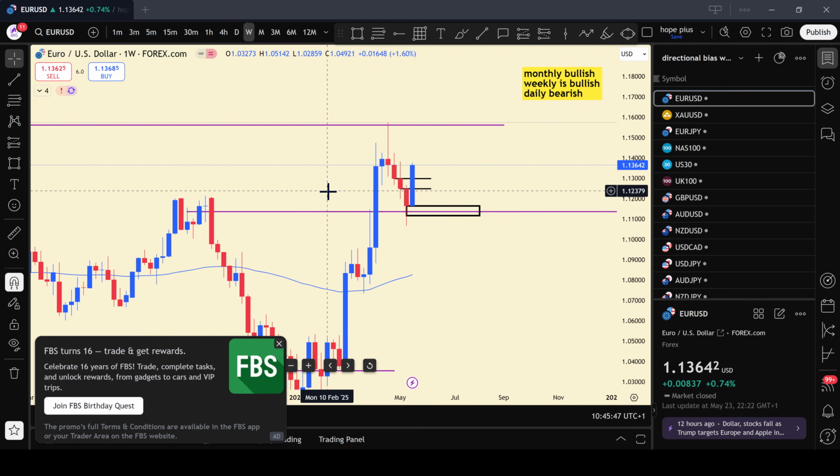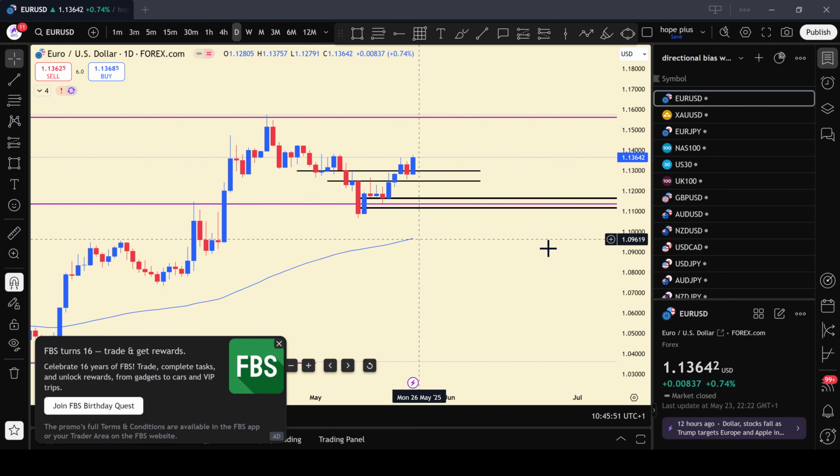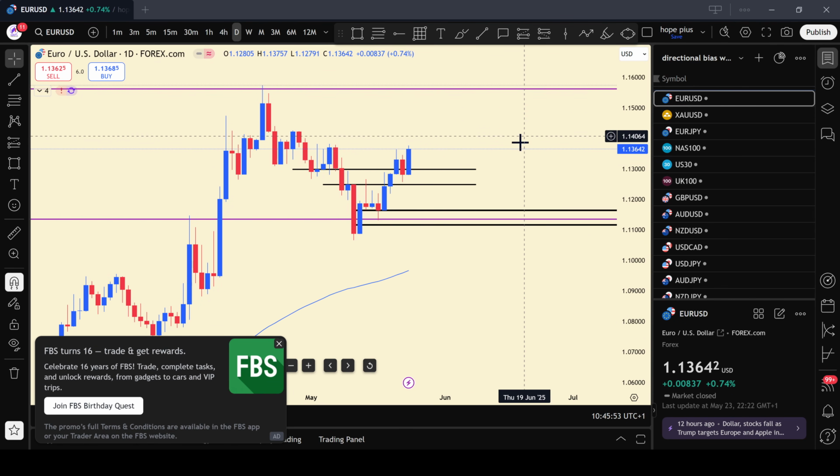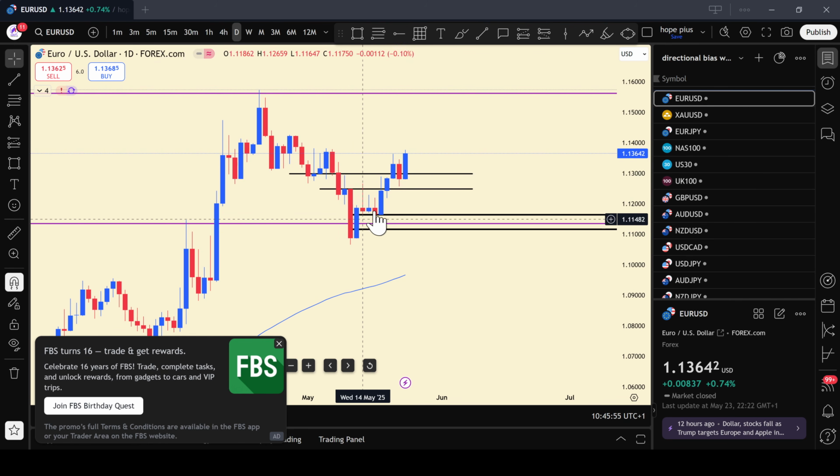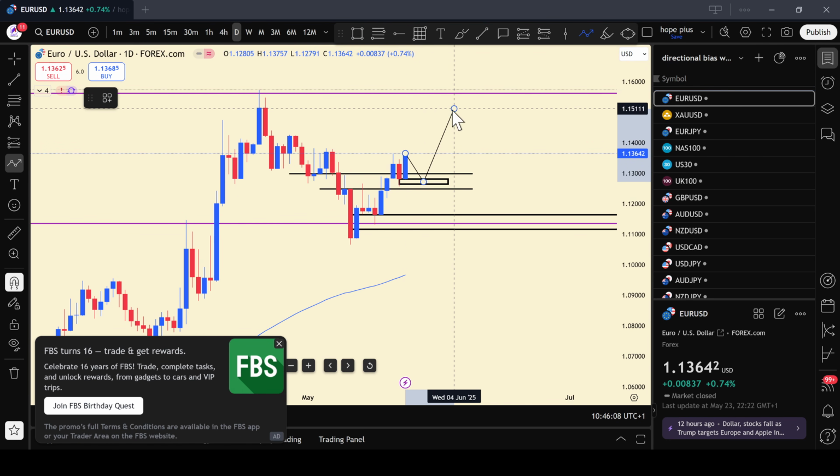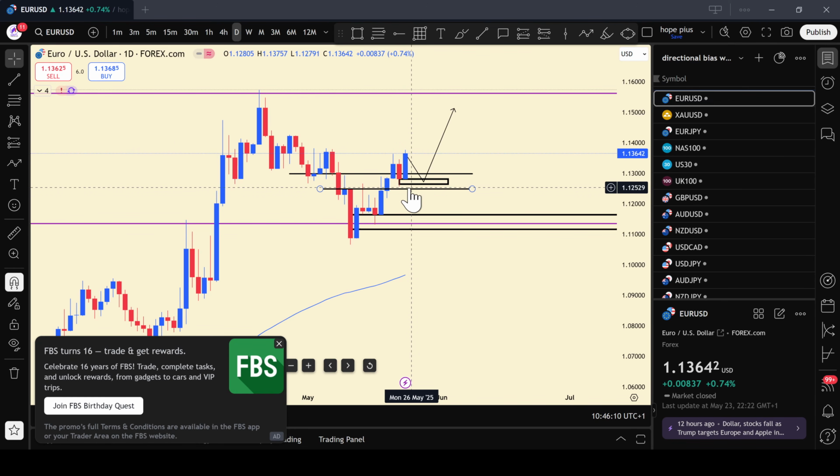So on the daily now, we're also bullish. My point of interest on the daily will be this level here, just below this weekly level. If price can give me that entry here, I'll be good enough to start looking for my bullish trade from here, because I have the weekly and the daily level around the same price zone.